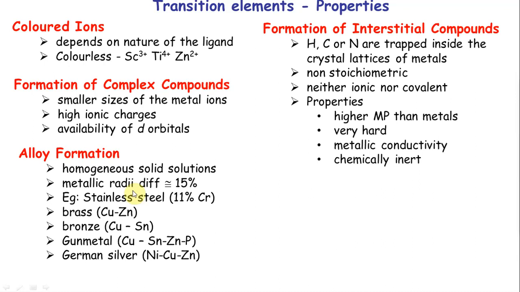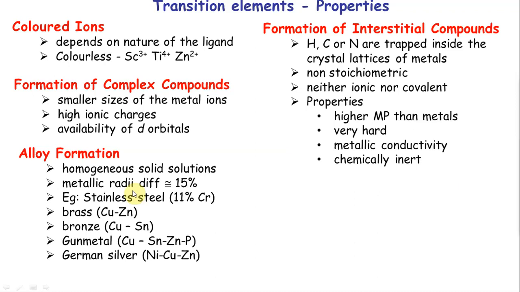The next one, a really good property, is formation of interstitial compounds. These are basically your interstitial defects, where hydrogen, carbon and nitrogen, being very small, get trapped inside the crystal lattice of metals. Imagine a metal forming an FCC lattice, and these atoms can get trapped in the tetrahedral voids or those places. This is non-stoichiometric, so you don't know how much is getting trapped.